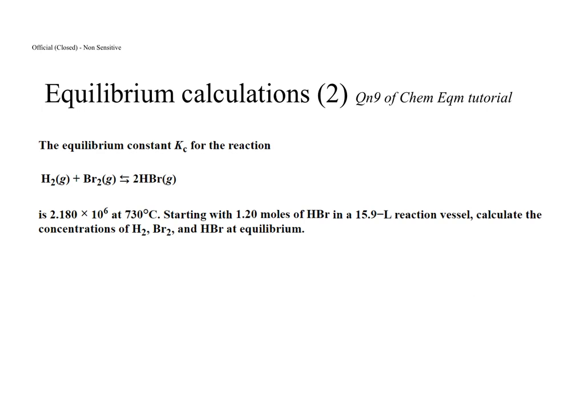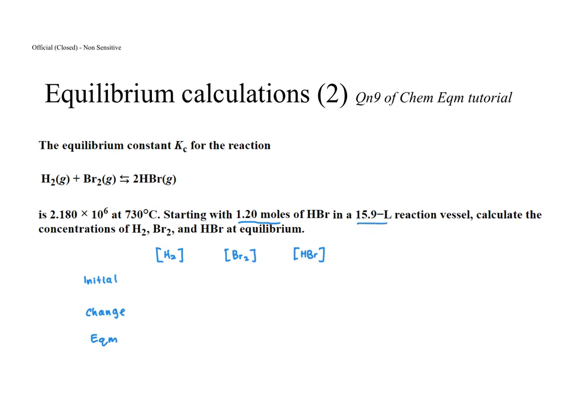In this question, you are given the Kc value and you are asked to find the concentrations of H2, Br2 and HBr at equilibrium. So let's start off by writing our ICE table because that's how you're going to calculate the concentrations at equilibrium. Let's look at the information given. You are given the starting number of moles of HBr and the volume of the reaction vessel.